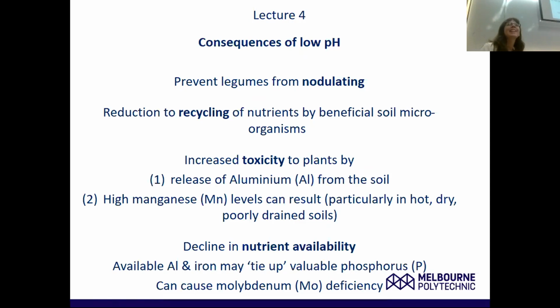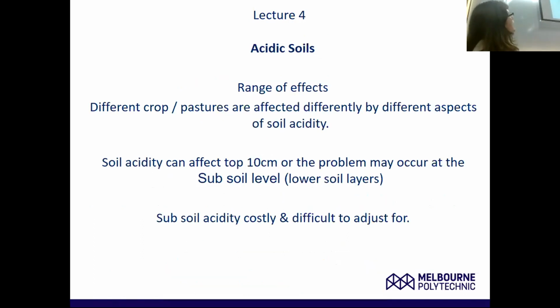It's the hardest nutrient to say. Practice it, molybdenum. Low pH can cause molybdenum deficiency. So there are a range of effects of low pH soils on plants. Most of them seem to be, from a growth and development perspective, and they will reduce yield as well.